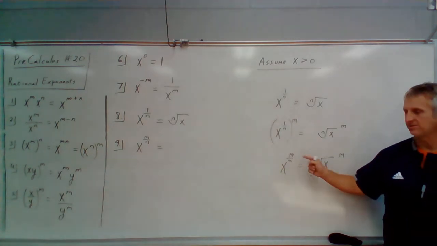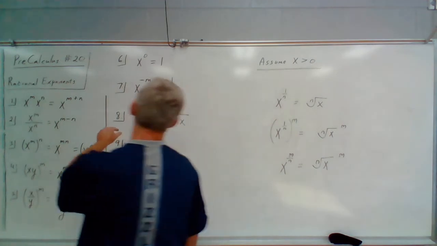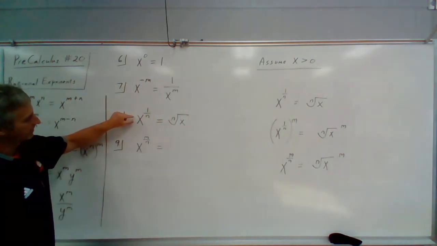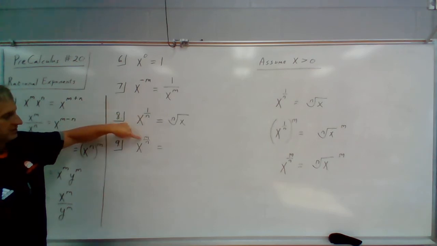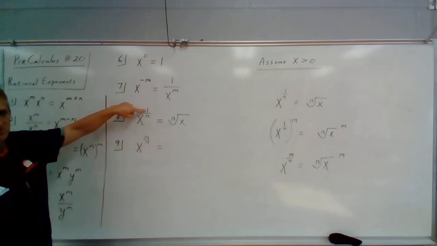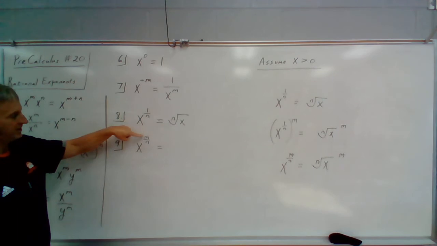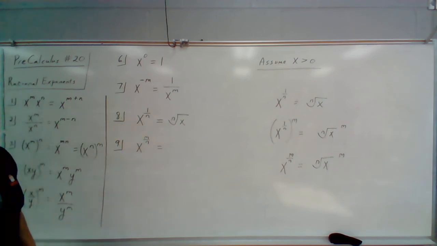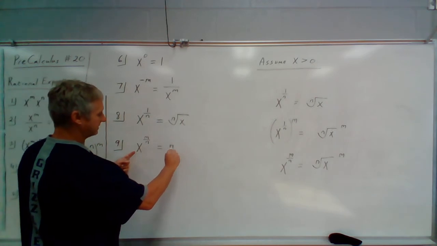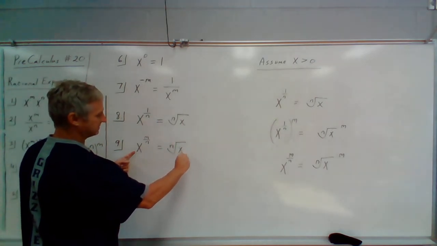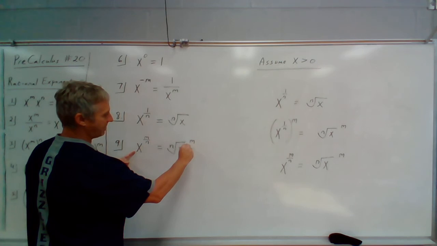So now, whereas before we could raise any positive number to the 1 over n power, now with rule number 9, the numerator doesn't have to be a 1, it can be any number now. So the x to the m over n is the nth root of x to the m power.